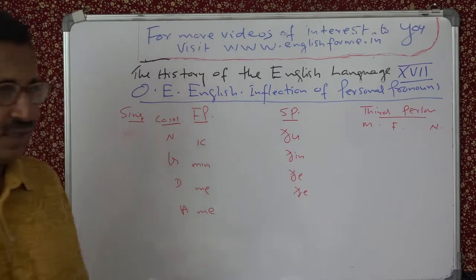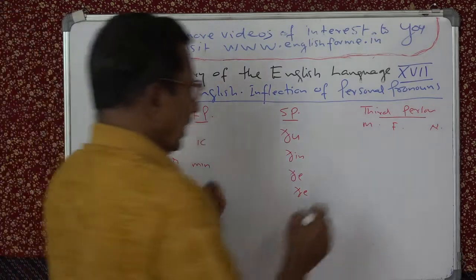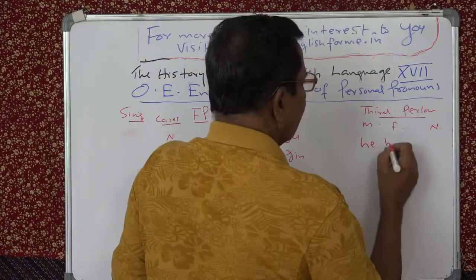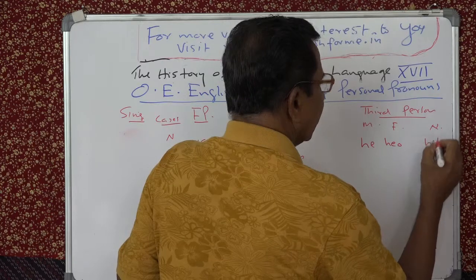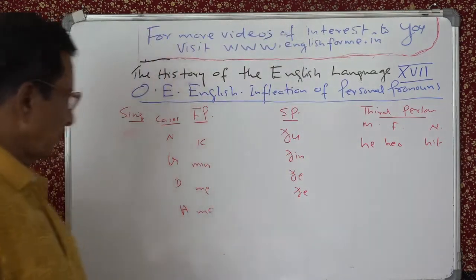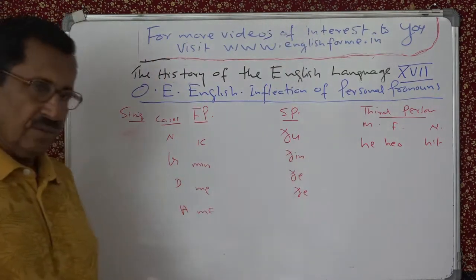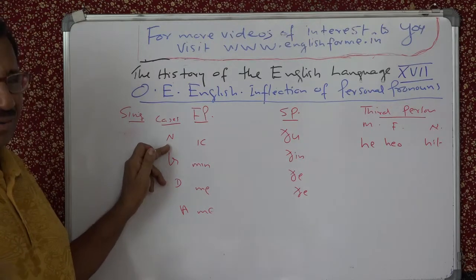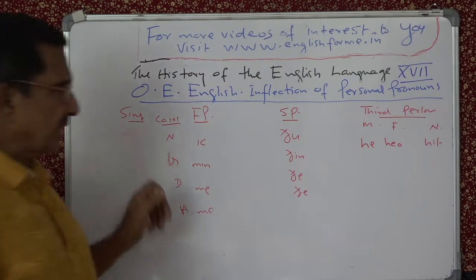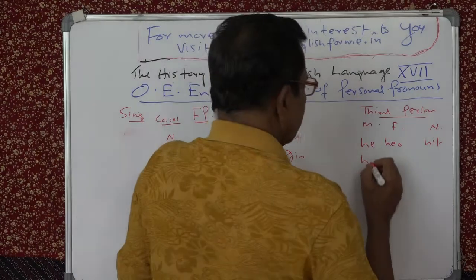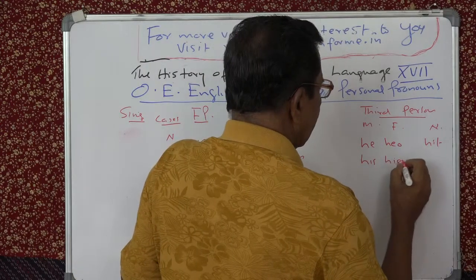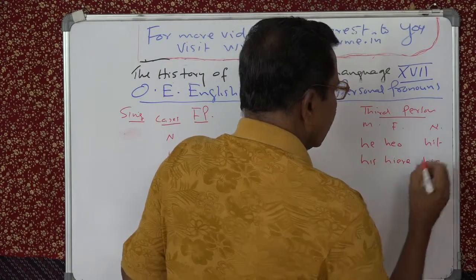And then you have the third person: he, hit. That's the third person nominative. All these are nominative cases. Here N means nominative. Now you are very familiar with this. His, here a his. His, here a his.